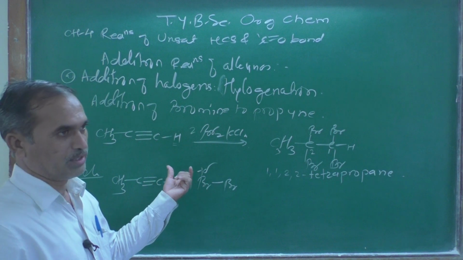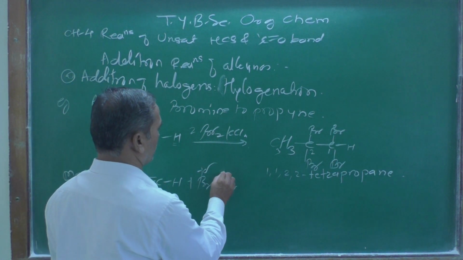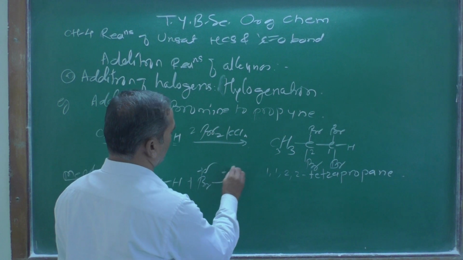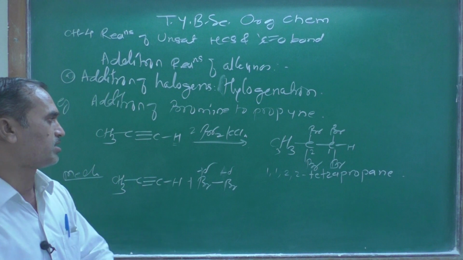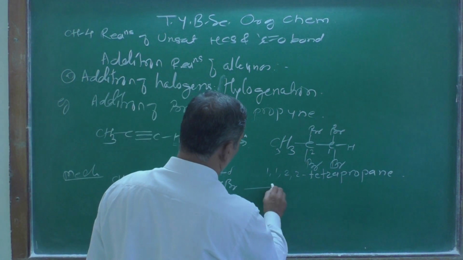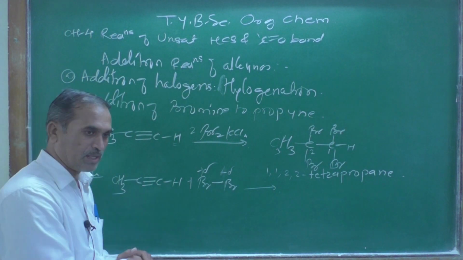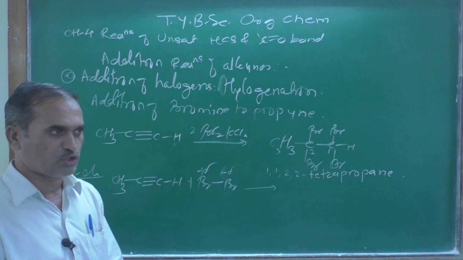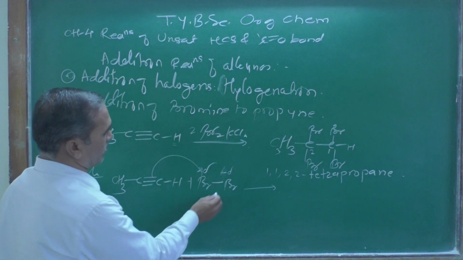The first atom gets a delta plus charge, the second atom gets a delta minus charge. This type of polarization is only shown by the halogen group.